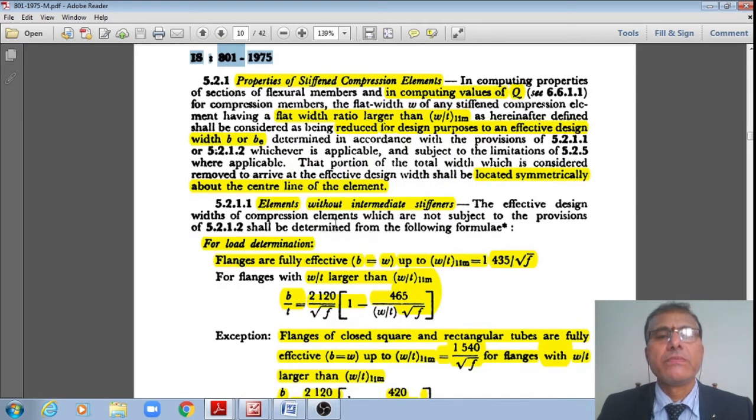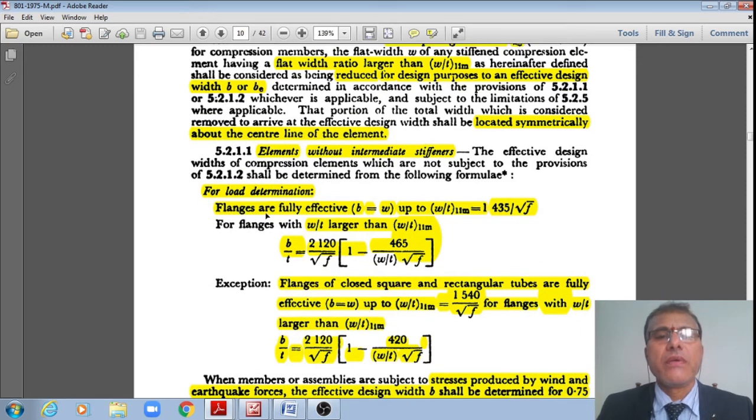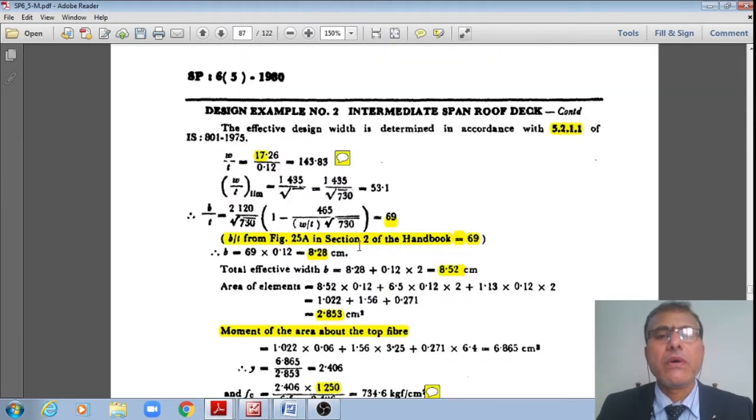Elements without intermediate stiffener for load determination: the flanges are fully effective, b is equal to w, up to w by t limit equal to 1435 divided by square root of f. Otherwise, for flanges with w by t larger than w by t limit, b by t is 2120 divided by square root of f, times 1 minus 465 divided by w by t square root of f. Using this formula, I'll calculate the effective design width.